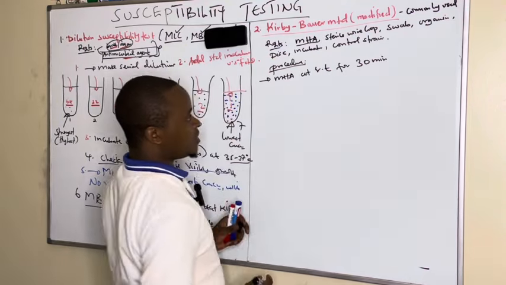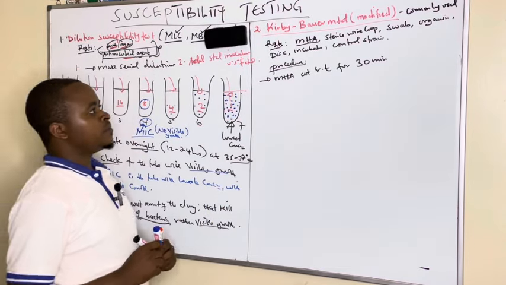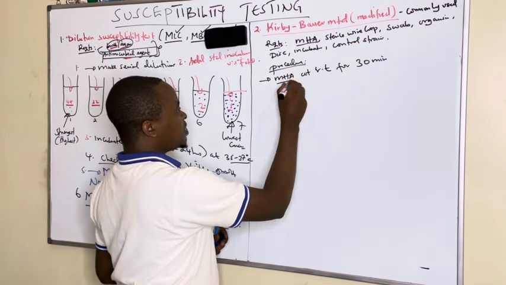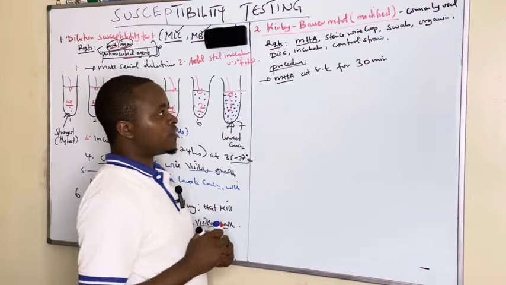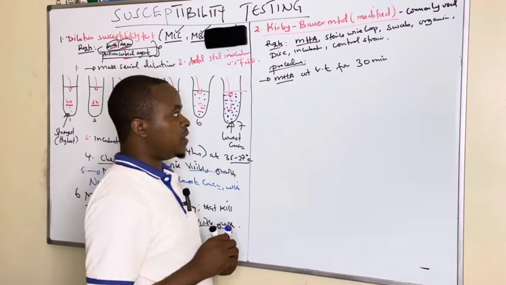Here we want it to obtain room temperature. If it is freshly prepared, we also leave it for like 30 minutes to set very well.